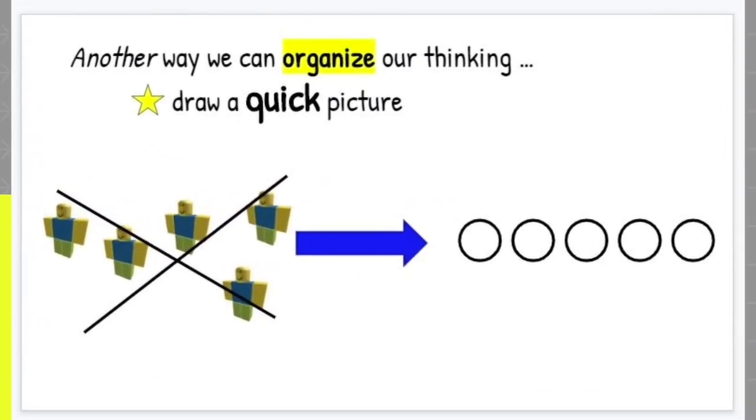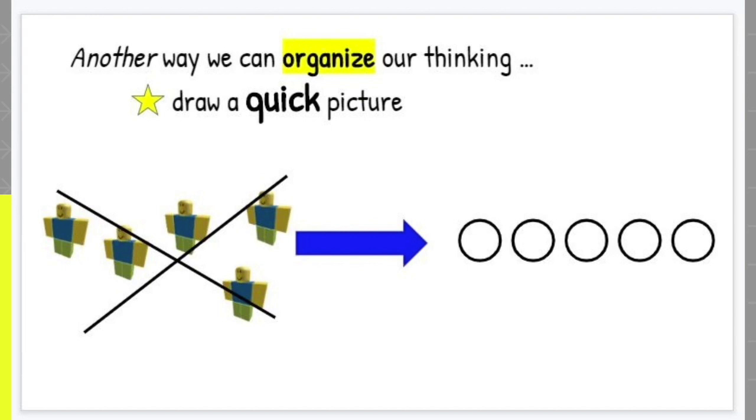Okay, today I'm going to show you another way that we can organize our thinking, and that is to draw a quick picture. So, friends, in our last video, I was showing you pictures of our roadblocks, okay? Now, those roadblocks are crossed out here because I don't want you to have to worry or think that you've got to draw roadblocks. If you see that those are the picture that's showing what's being added together, I do not want you to use a lot of time to draw a picture.